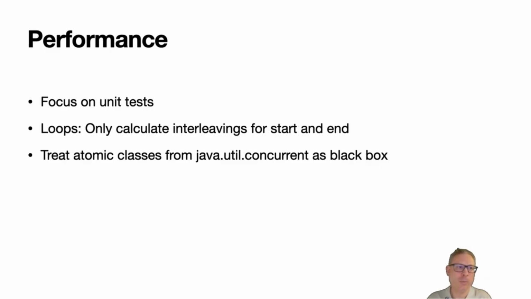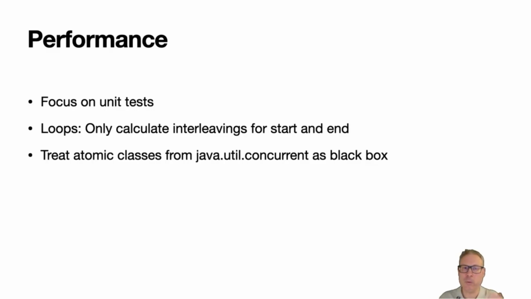So if you have a loop like 100 iterations, we only look at the first iteration and the last iteration. And the third idea is we can treat special classes, for example, Java util concurrent, as a black box. I think this is the same idea as when we use mocks.